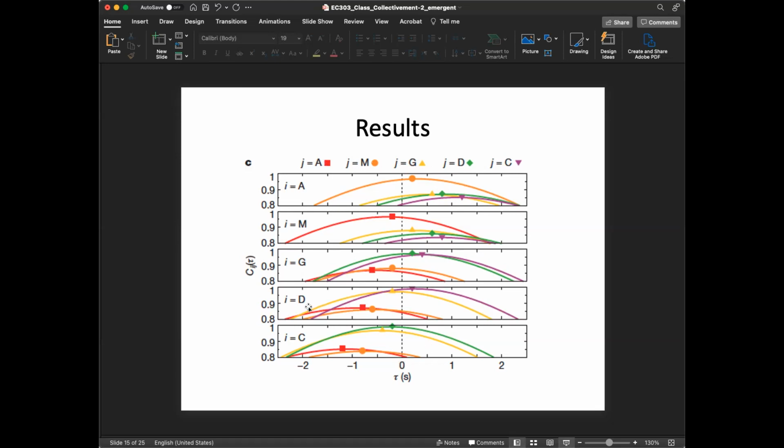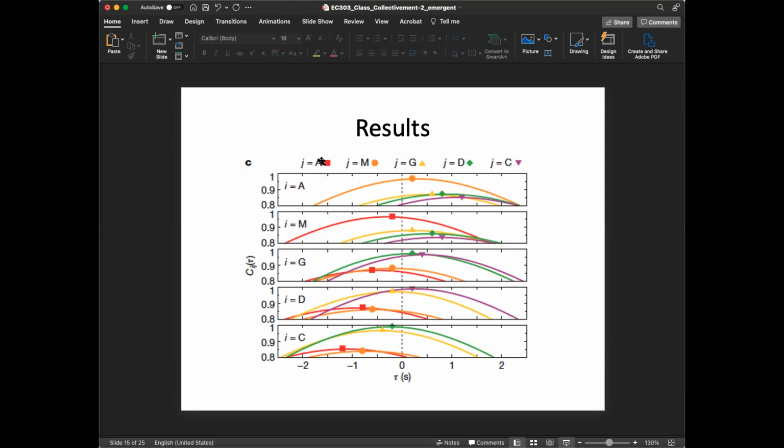Now let's look at, on the other hand, D. D is interesting because one individual has a positive lag, 3 individuals have a negative lag. How do you interpret this? So this triangle would be C. How do you interpret the relation between D and C? C is following D. Okay. How do you interpret these 3 relationships?